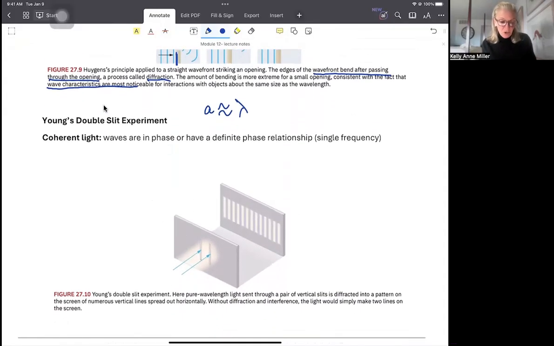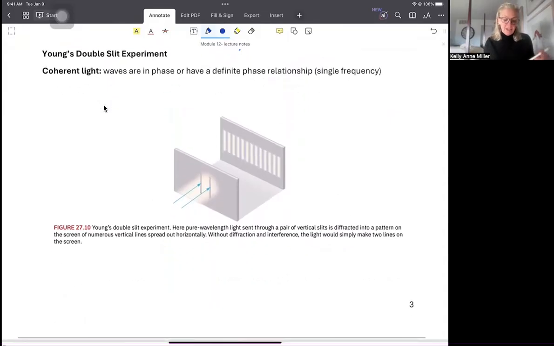Okay, so I mentioned this at the beginning. There was an experiment done that basically proved that light behaves as a wave. This was the Young double slit experiment. Basically, what Young did was he took pure wavelength light, which means light that is all at one frequency, and he sent it through a pair of vertical slits.